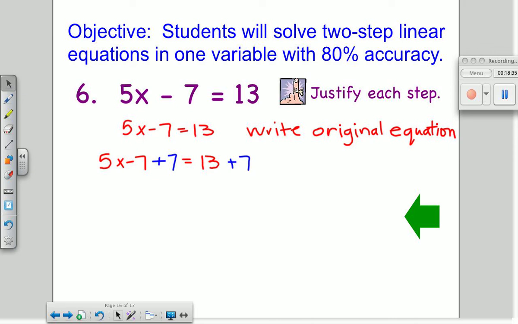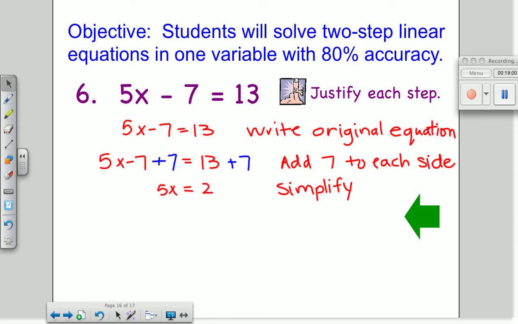So our direction is to add 7 to each side. Okay? So when I add 7, I'm going to simplify this now by combining like terms. 5x minus 7 plus 7 is 5x. 13 plus 7 is 20.